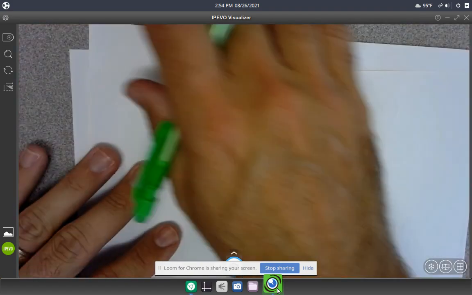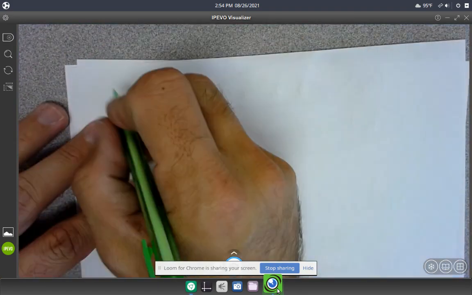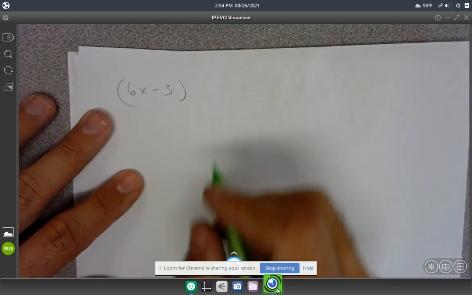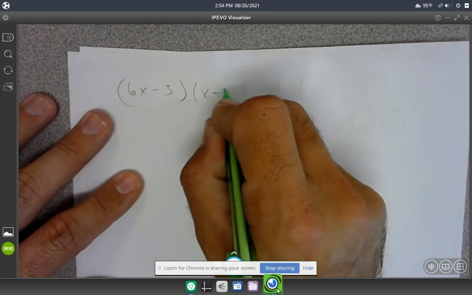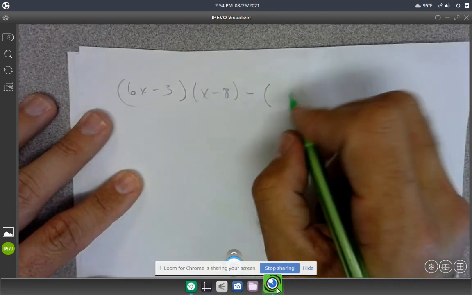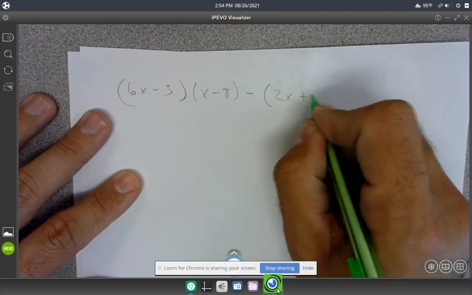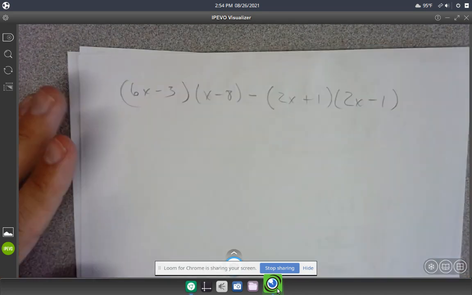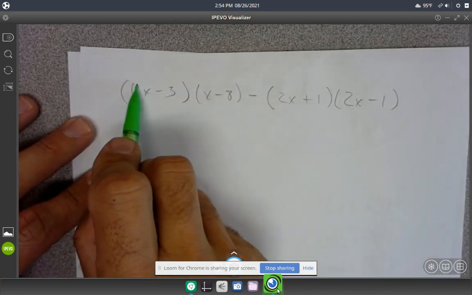All right, this next one is going to be 6x minus 3, 6x minus 3, x minus 8. And we have to subtract off the whole 2x plus 1, 2x minus 1, which is another difference of squares, thankfully. All right, so distribute.